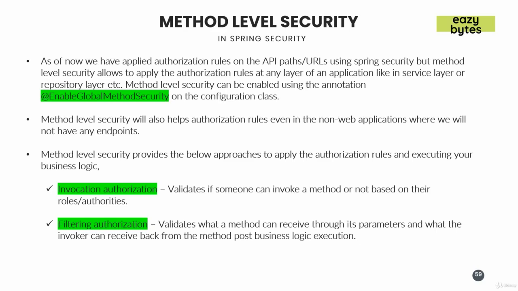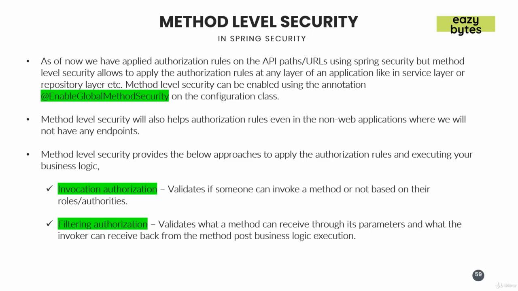The very first step that we have to take care of in order to enable method level security is to use the annotation @EnableGlobalMethodSecurity on any configuration class which has the annotation @Configuration. Method level security provides two approaches to apply authorization rules on top of your methods.